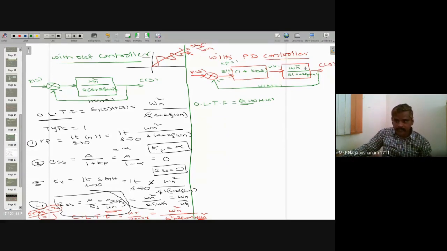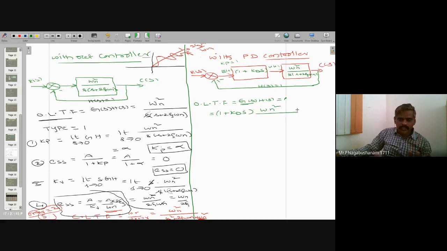This entire part is the forward path, from here to here. G of S means gain in the forward path. That means you have to multiply 1 plus Kd into S with the normal one. That equals, let me write in the next line, 1 plus Kd into S into omega n square.